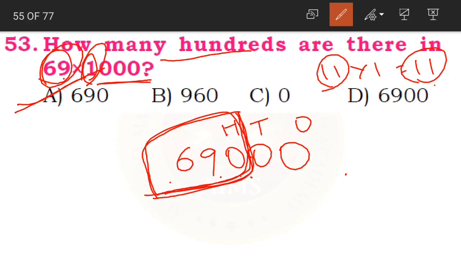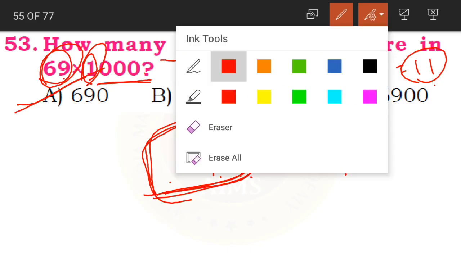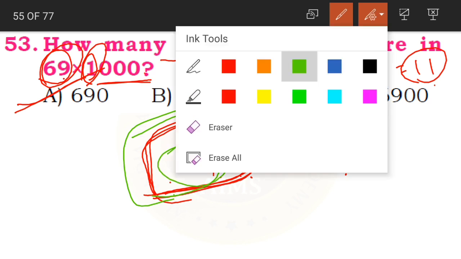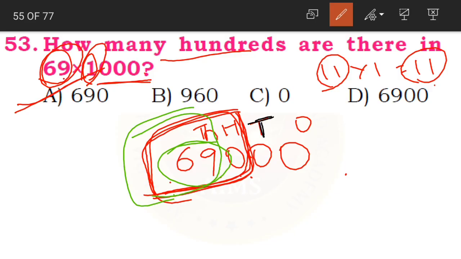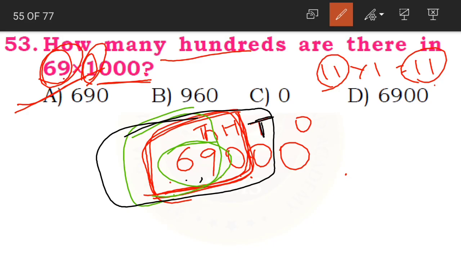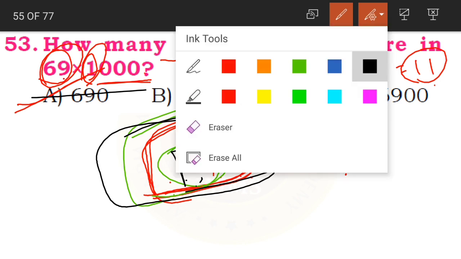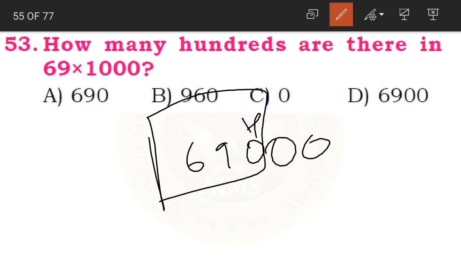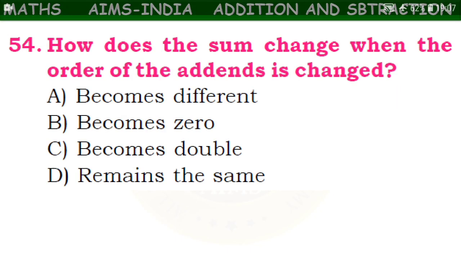Suppose they ask how many thousands you have, then from the thousands place, we have 69 thousands. Suppose they ask how many tens are there in the given number, then 6,900 tens. The number 69,000 has 6,900 tens. Clear, children, how to solve this type of question? So in the number 69,000, how many hundreds do we have? 690 hundreds. That is option A.